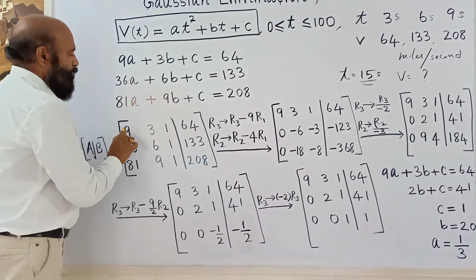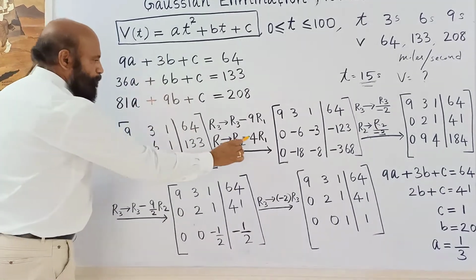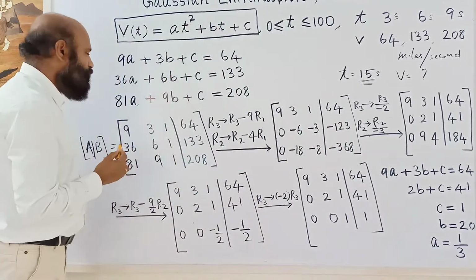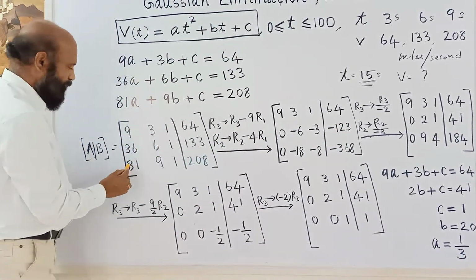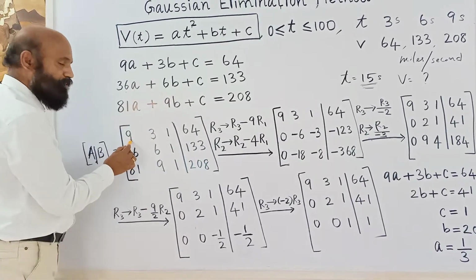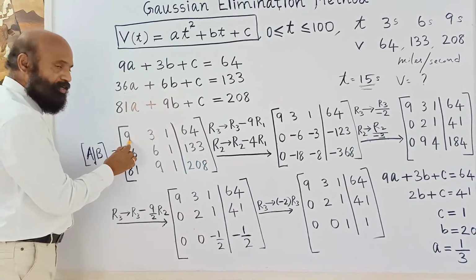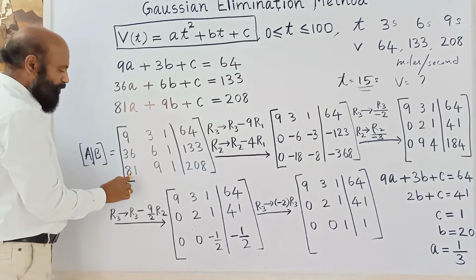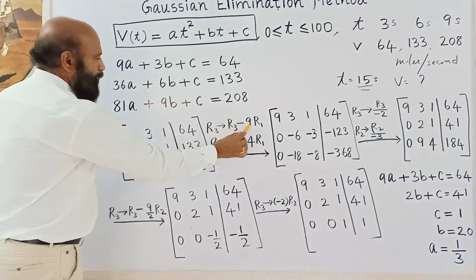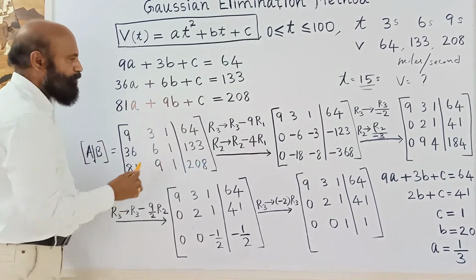Similarly, this row fully you multiply by 4 and subtract from this, so you will get this row. Similarly, here you have to make it 0. Here it is 81. If you multiply by 9, 9 into 9 is 81. Then 81 minus 81 becomes 0. This row fully you multiply by 9 and subtract from this, and you will get this row.